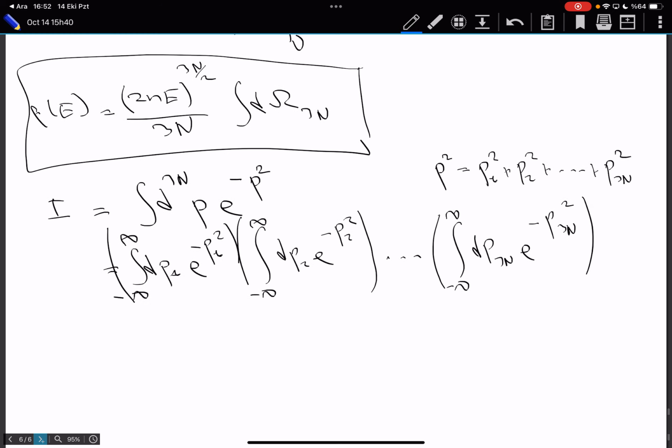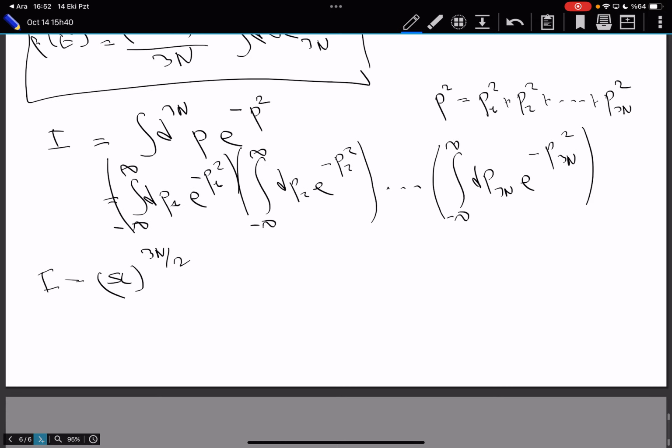So what's the result of each one of those integrals? Square root of pi. So this integral is pi to the power, I have 3n of them, 3n over 2. This is the result of the integral I'm looking at.